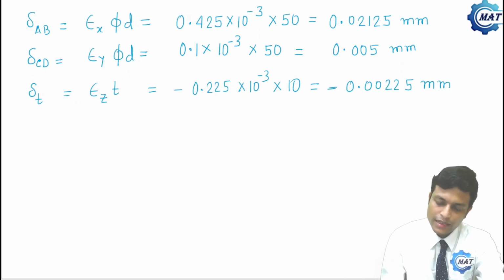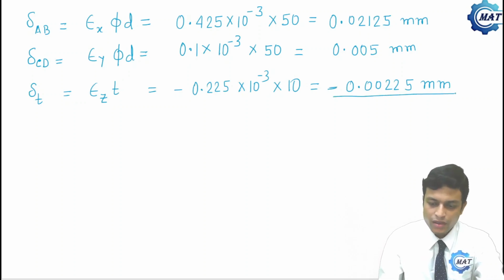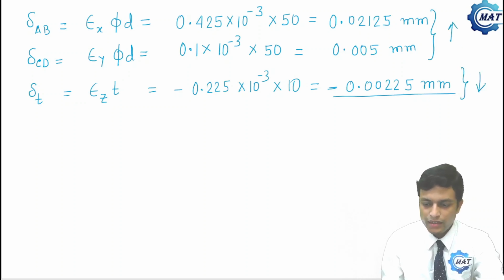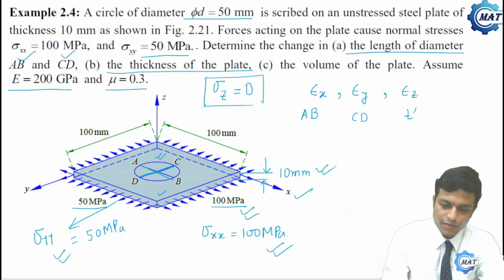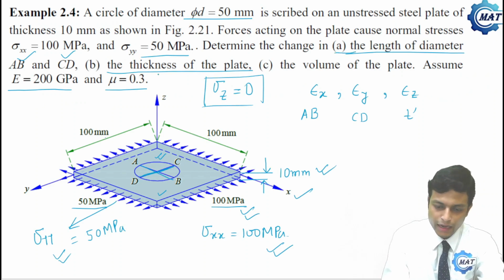This negative sign indicates that the thickness has been reduced by this much. The diameters have increased and the thickness has been reduced, as there is a negative sign. So we have determined parts A and B.